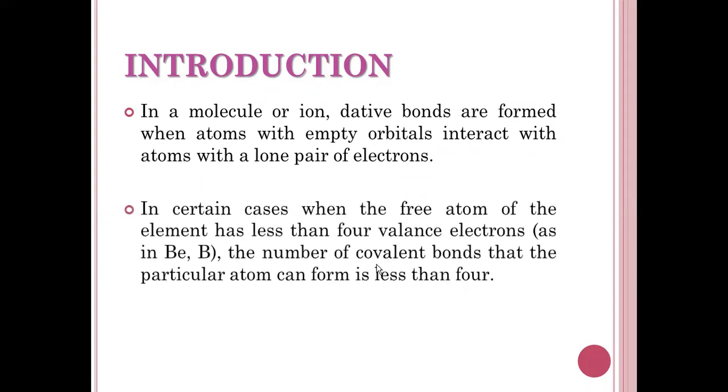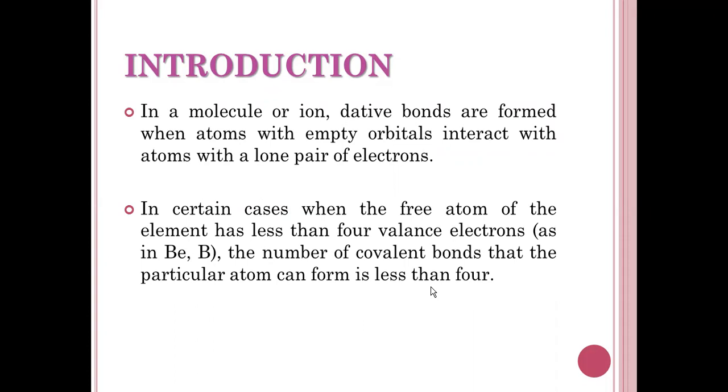In certain cases, when the free atoms of the element have fewer than 4 valence electrons, be very careful about that, such as beryllium and boron, the number of covalent bonds that the particular atom can form is less than 4.